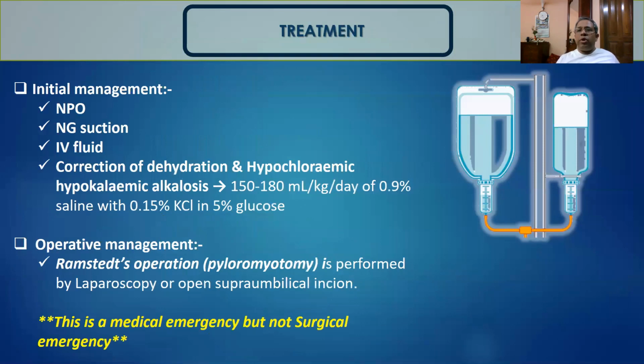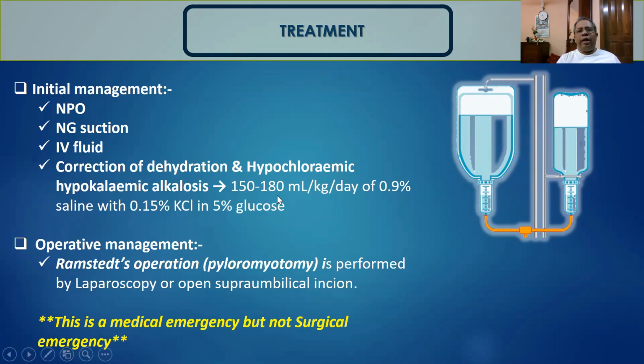For that reason, you need to prepare the patient for surgery: NPO, nil per oral, nasogastric suction, IV fluid, and correction of dehydration and hypokalemic alkalosis. That means the baby is corrected with saline.